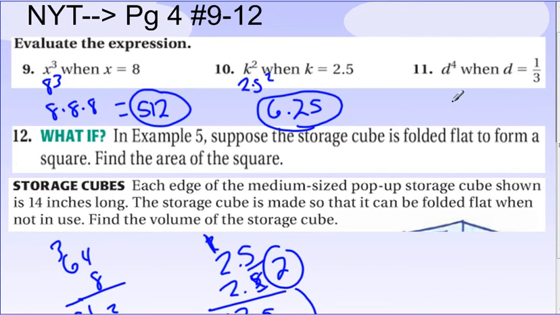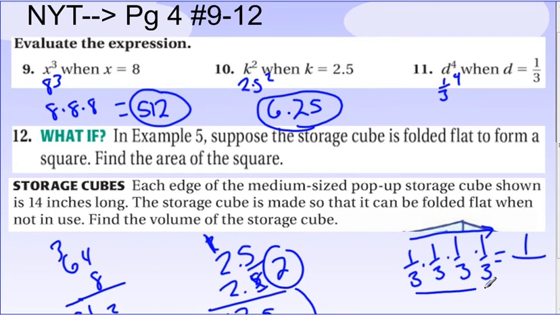Letter D. Letter D says 1/3 to the 4th power after you substitute. So that would be 1/3 times 1/3 times 1/3 times 1/3. You multiply across the top, 1.